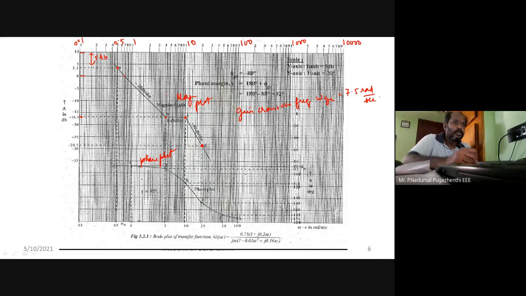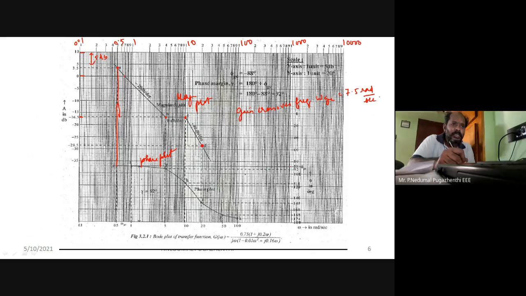If you want to find the gain margin, phase margin and all, first we will start with the omega GC point. Omega GC is 7.5 radians per second. Extend that line downwards where it cuts your phase plot, and find the corresponding angle value.